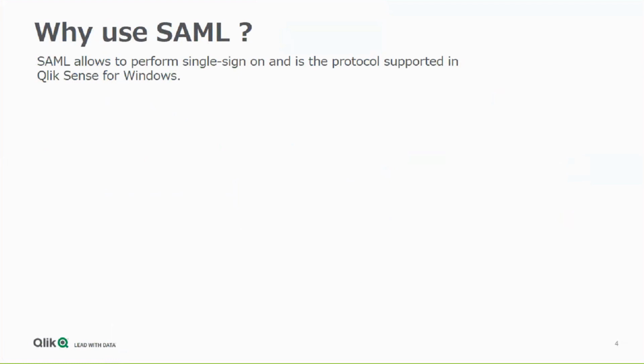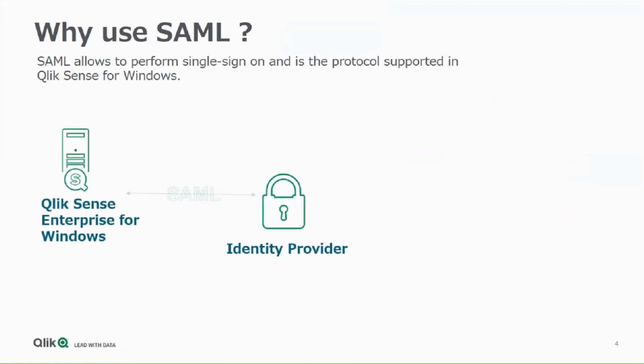So first of all, why do we need to use SAML? SAML allows us to perform single sign-on authentication, and that's the protocol that is supported in Qlik Sense for Windows.